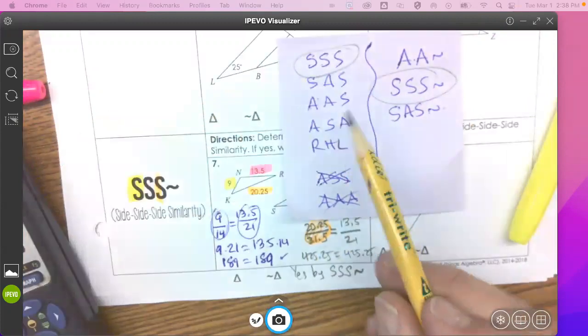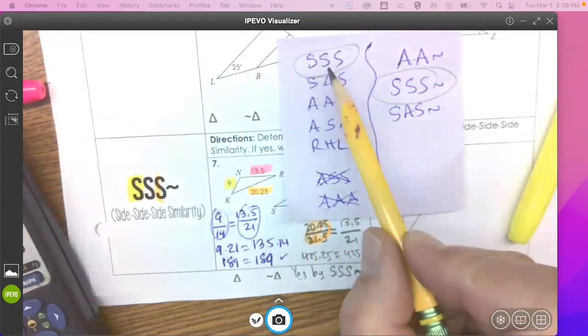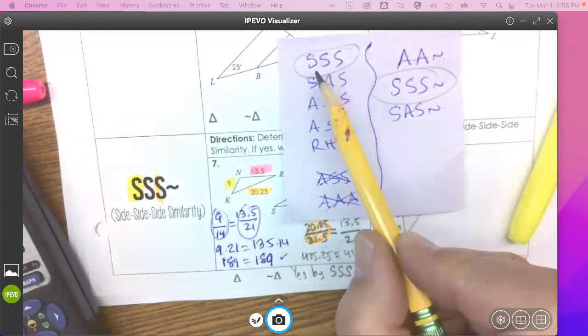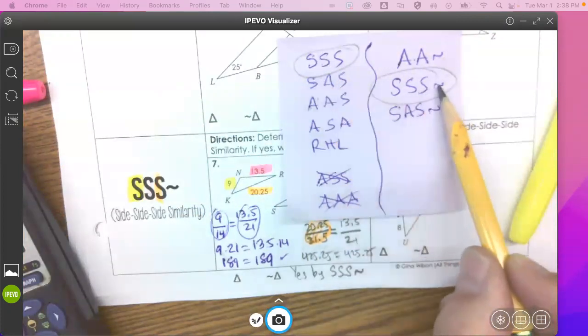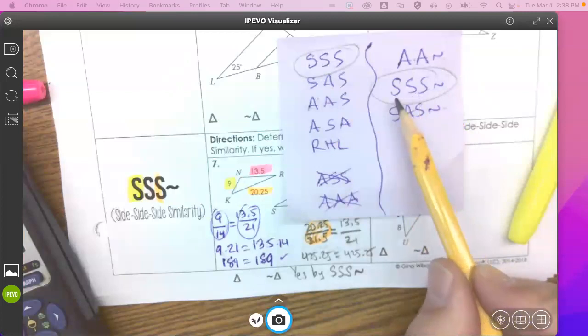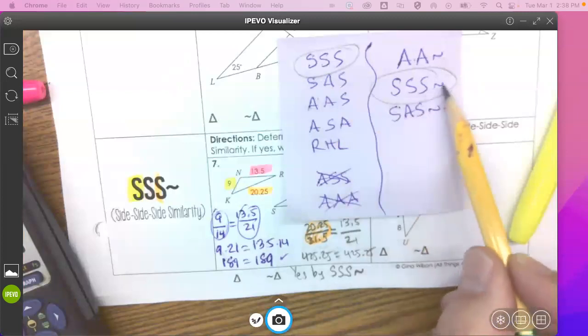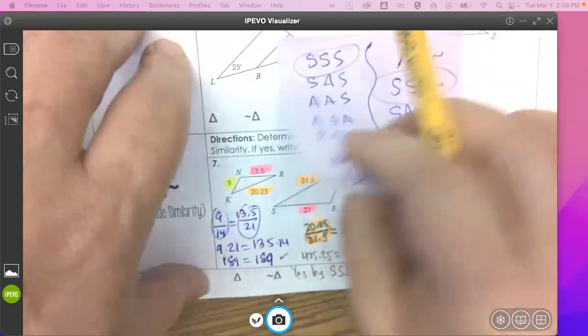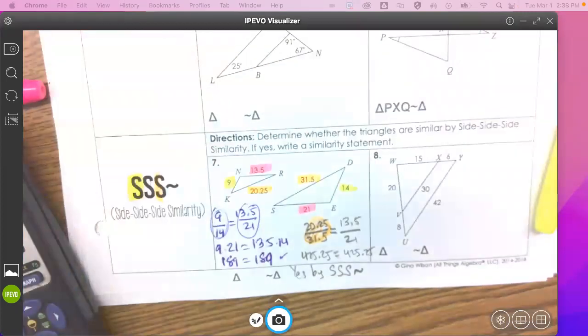I know they're so closely written, but if I say this one in words, it says, if 3 sides in one triangle are congruent to 3 sides in another triangle, then the triangles are congruent. This little tilde down there changes this entirely to say, if 3 corresponding sides are proportional, then the triangles are similar. So the hypothesis is different and the conclusion is different.